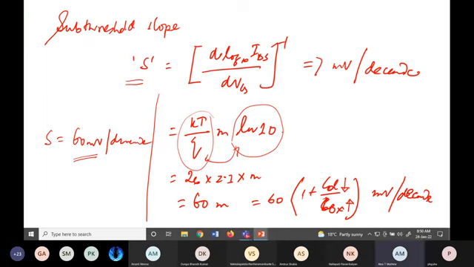The way we increase COX is if we reduce the thickness of the oxide, the TOX. And the way we reduce CD is if we increase the depletion width under the channel. Is that okay?